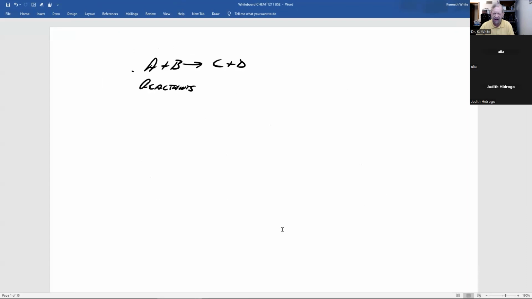The chemicals or compounds at the head of the arrow are the product or products. So A and B are the reactants, C and D are the products. Now, during the semester, since I've spent many decades in the chemical industry, you'll sometimes hear me saying that A and B are the starting materials. If you work in the chemical industry, we don't call them reactants, we call them starting materials.